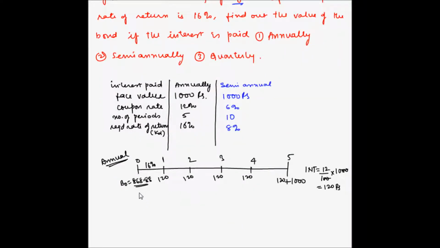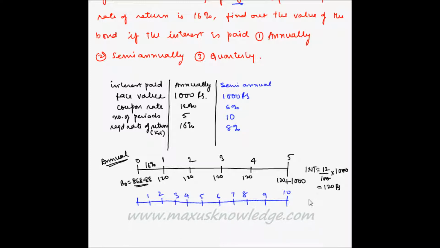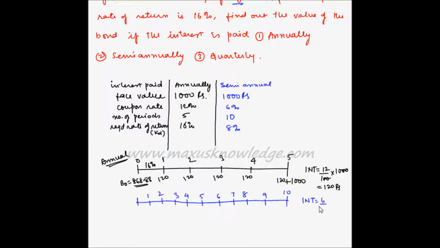So let me draw the time scale for semi-annual payments. So each year has been broken down into 2 periods. So total we have 10 periods. Now interest is going to be 6% of the face value. So INT is equal to 6 divided by 100 into 1000. 2 zeros get cancelled, so this is 60 rupees.